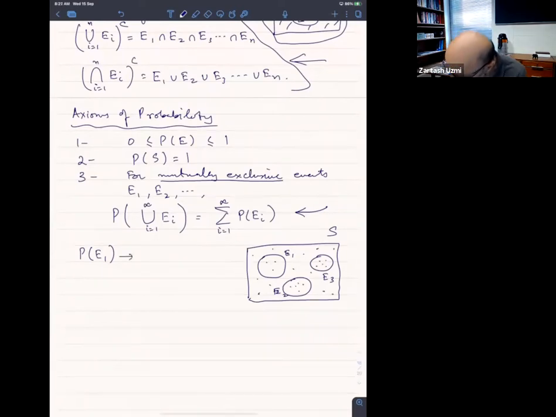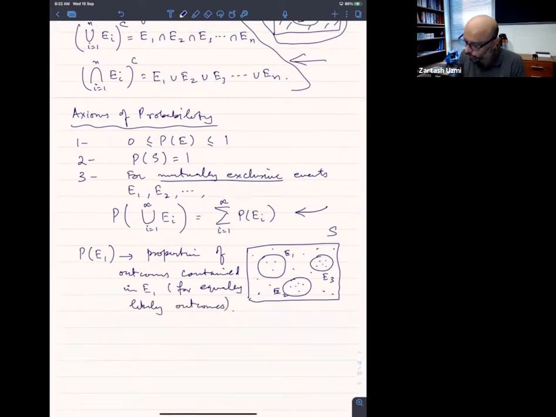So what this expression is saying is that the probability of the union is the sum of the individual probabilities, and this makes sense कि जितनी proportion इधर से आई है plus जितनी proportion इधर से आई है plus जितनी proportion इधर से आई है.